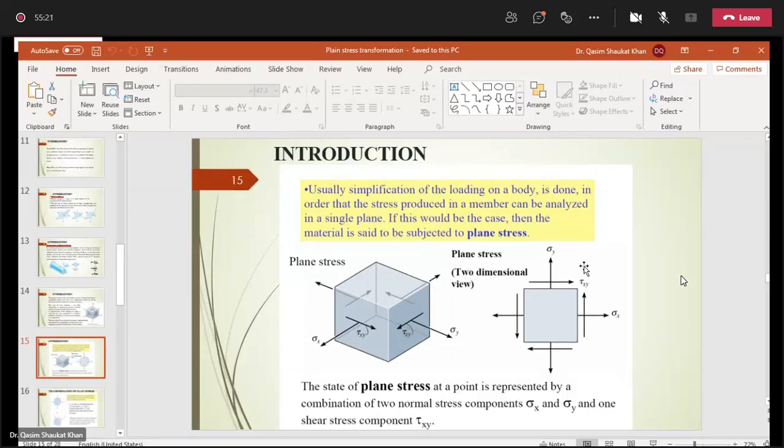Our objective in this chapter will be to calculate sigma x, sigma y, the two normal stresses, and tau xy, the unknown shear stress. The state of plane stress at a point will be represented by two normal stress components, sigma xx and sigma yy, and one shear stress component, tau xy.